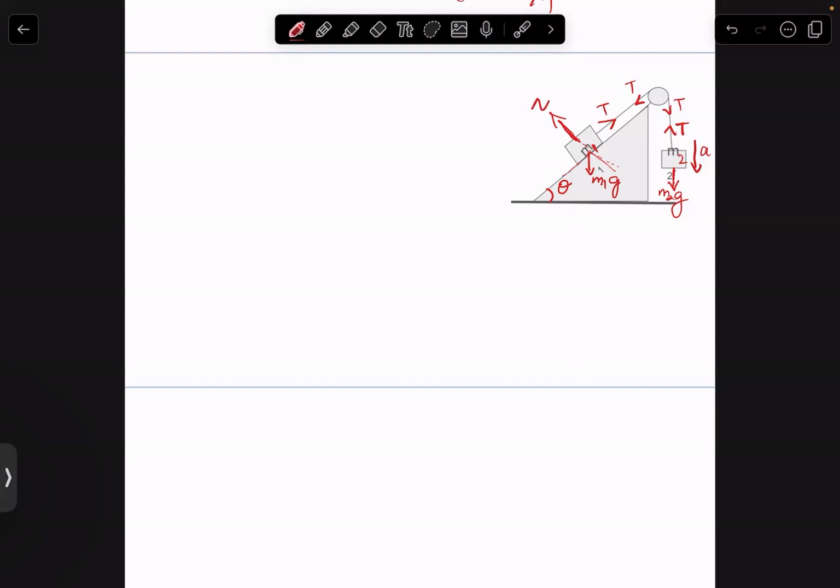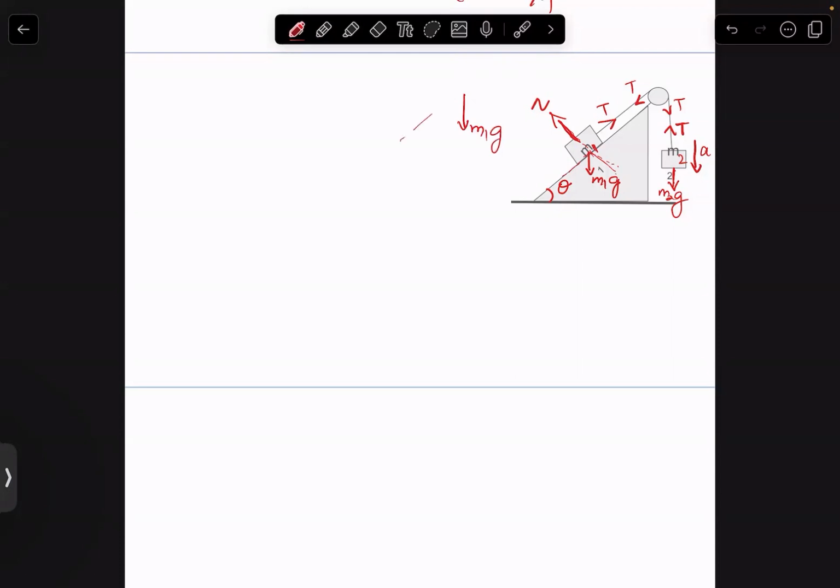So you have to again resolve this m1g into two components, one perpendicular to the surface and one parallel to the surface. I'll draw it over here. So this is our m1g.